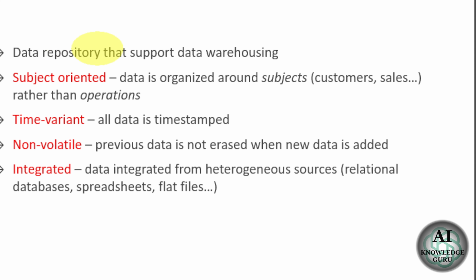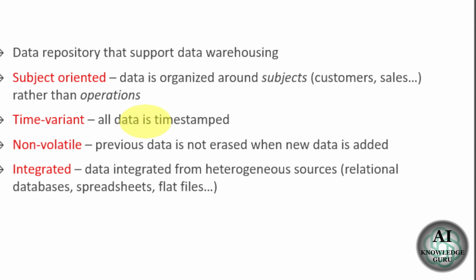Data repository that supports data warehousing should be subject oriented, time variant, non-volatile, and integrated. Now, what do we mean by subject oriented? It means data is organized around subjects. For example, customer, sales, product information based on it.